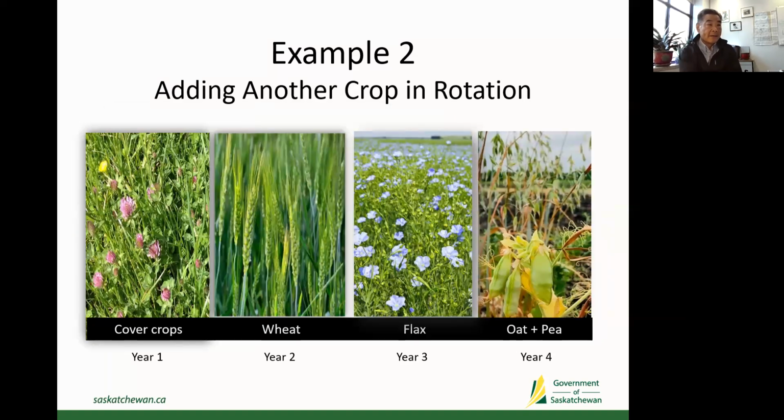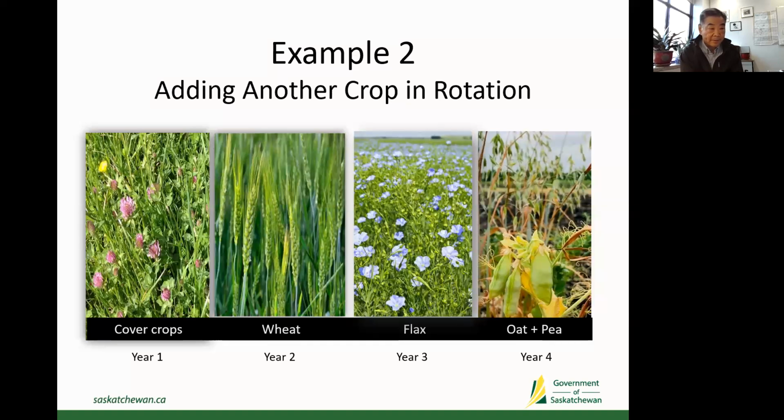And another example is you actually could add another crop in your rotation before you return to cover crops. Here's an example. First year, you have a cover crop. Second year, you grow wheat. And third year, flax, which is also a low nitrogen demand crop compared to others.